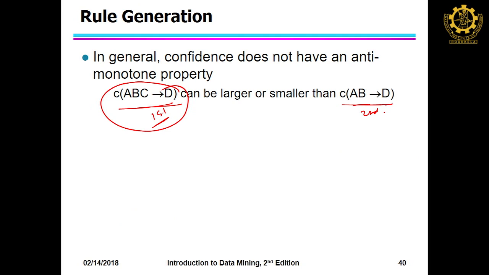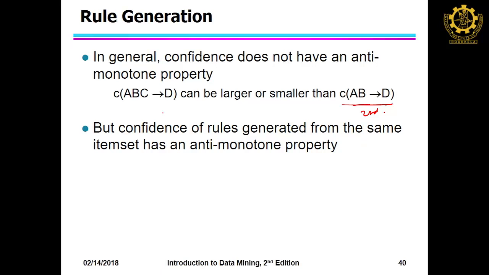If you find one subset is infrequent, its superset can still be frequent. For confidence, we do not use frequency. For an item set it is frequent, but for a rule it is weak or strong, say above 60% or above 50% and so on. But the confidence of the rules generated from the same item set has the anti-monotone property.